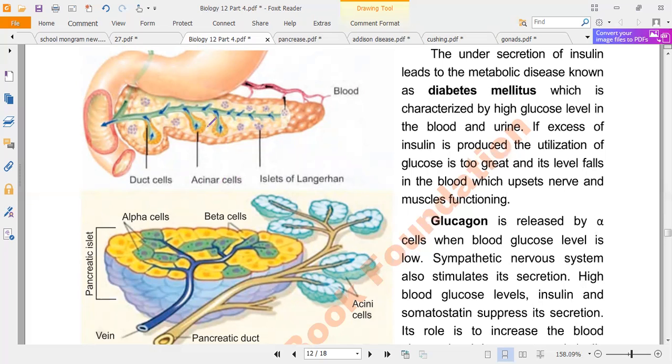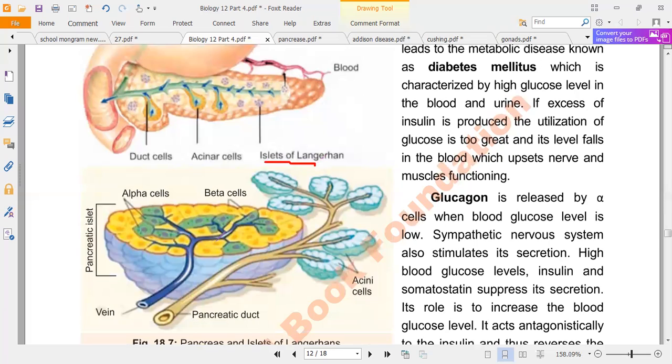Acini are the functional unit of the exocrine pancreas, and it releases pancreatic juice through this duct into the small intestine. This is the duct, and acinar cells are there. There are other cells also present, islets of Langerhans, in which blood capillaries, veins and arteries are present.